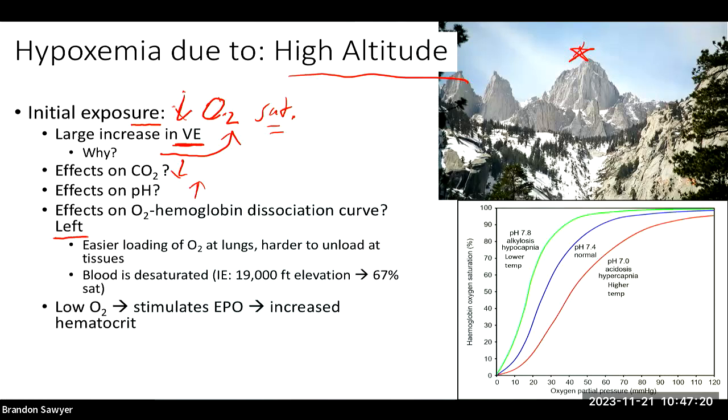This helps us load more oxygen. So if we're right at 40, we would go from about 80% saturated to about 95% saturated. This is a helpful thing that happens to your body when you first go to altitude. It helps you get more oxygen onto your red blood cells.